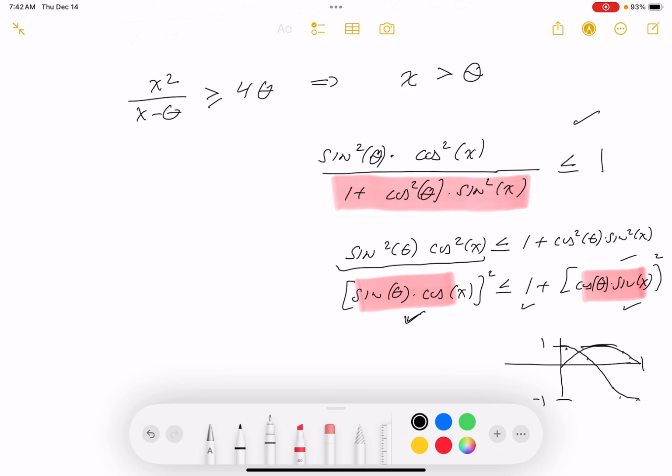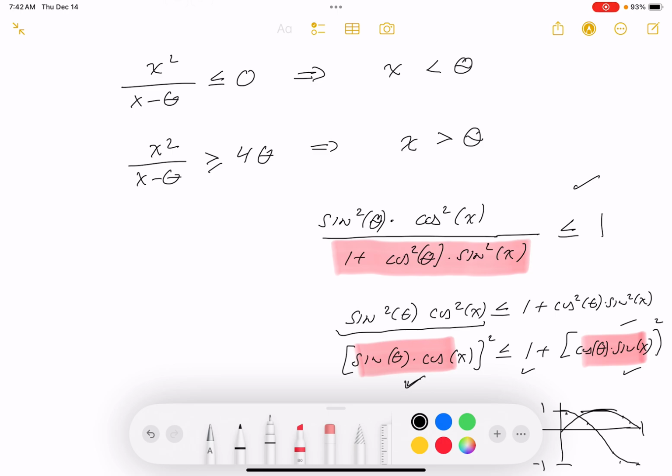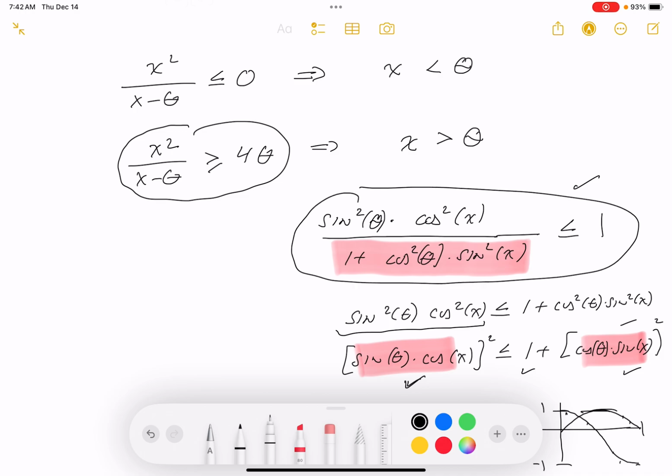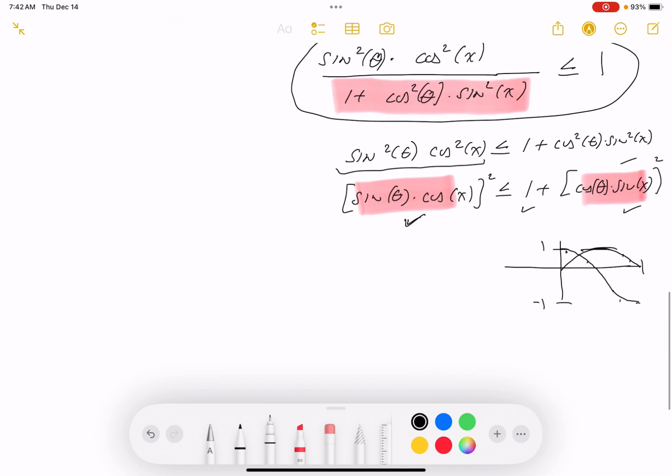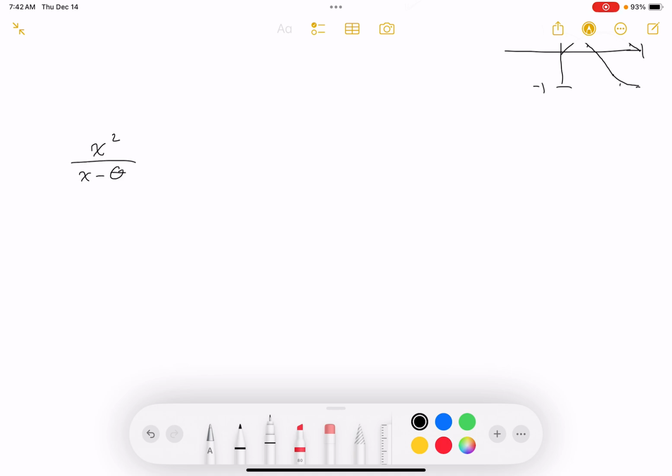Now I've got a couple different things going on over here, and I want to point out these two things. One is greater than something, and the other one is less than something. I want to get them both to be compared to 1. So let's write this down. I get x squared over x minus theta is greater than or equal to 4 theta, right?